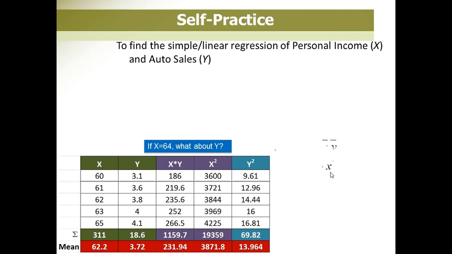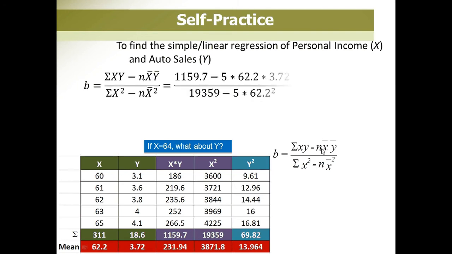And then we make use of the equation to calculate the b. Sigma xy, in this case, is 1159.7. N is 5. X bar is 62.2. Y bar is 3.72. And the next one is sigma x squared.